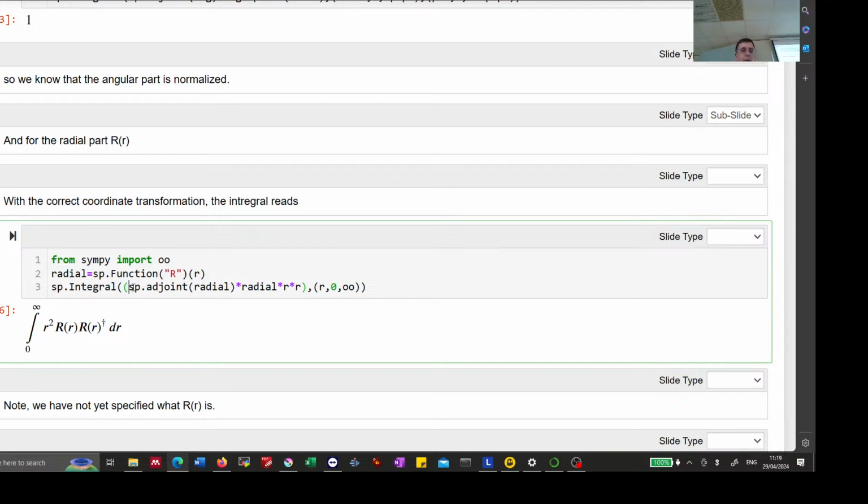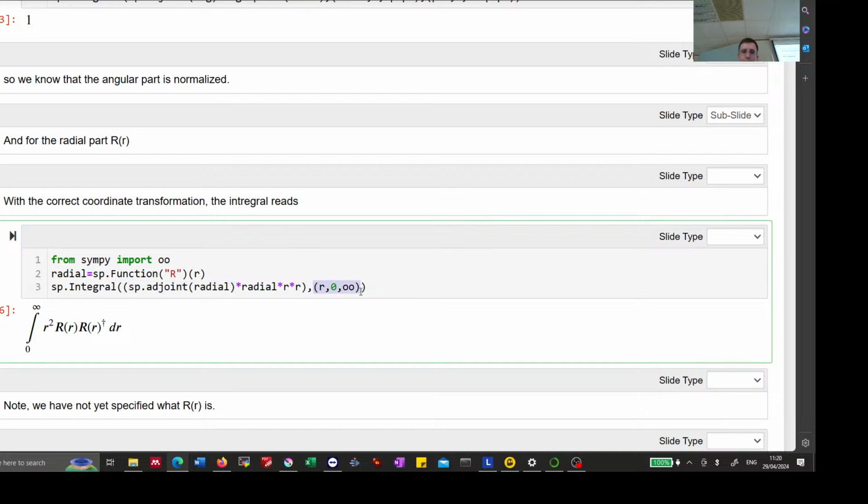So let's slowly move toward it. I normally start with Integral to display the integral. And what we have is our function. That is the function of r, which I call here the object radial for the radial part. It takes the argument small r. So I take the function, I multiply it with its complex conjugate through the adjoint method.